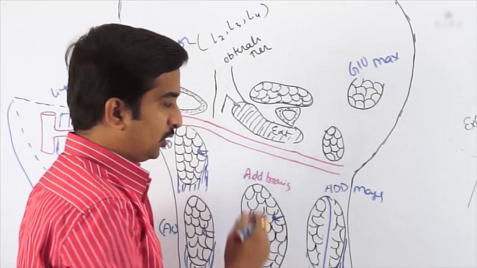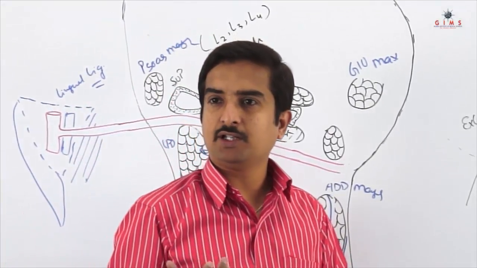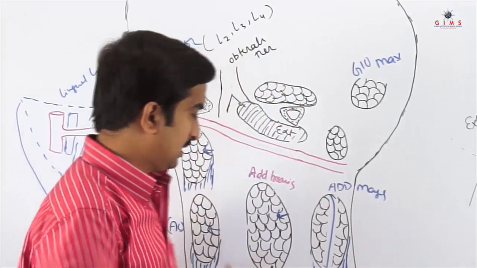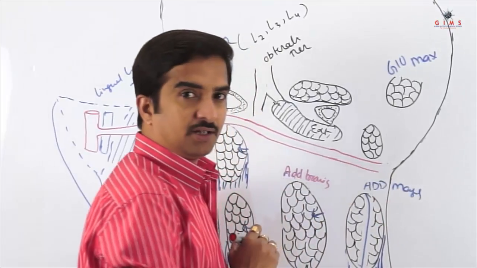Finally the artery reaches the gluteal region between the two muscles. So after it passes between the obturator externus as well as adductor brevis, it reaches the gluteal region.